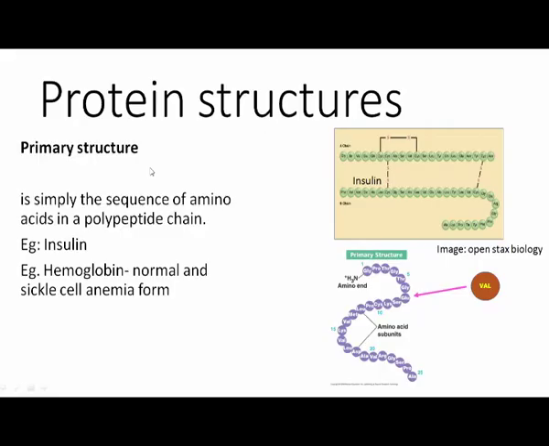If you look at the primary structure, which is shown right here, the primary structure is nothing but the simple sequence of amino acids in a polypeptide chain. As I have been telling you, the polypeptide chain goes from one end to the other with a bead on string kind of appearance, and the amino acids are like glycine, proline, threonine, glycine, and so on. So, you have a primary structure, that is the sequence of amino acids.